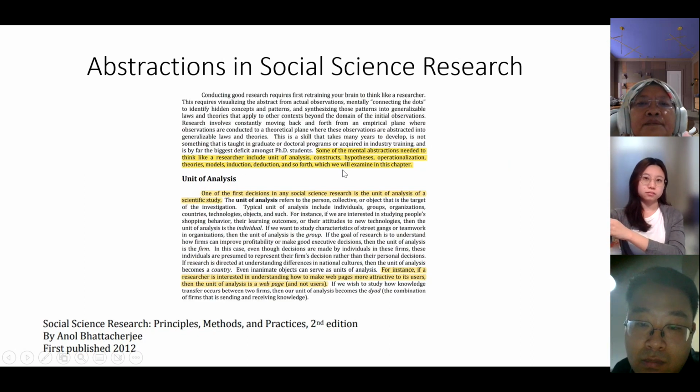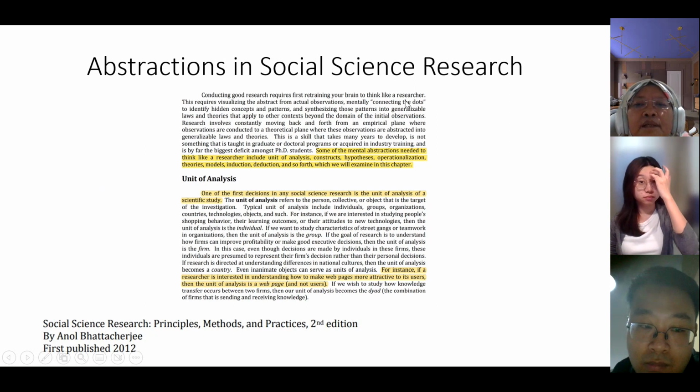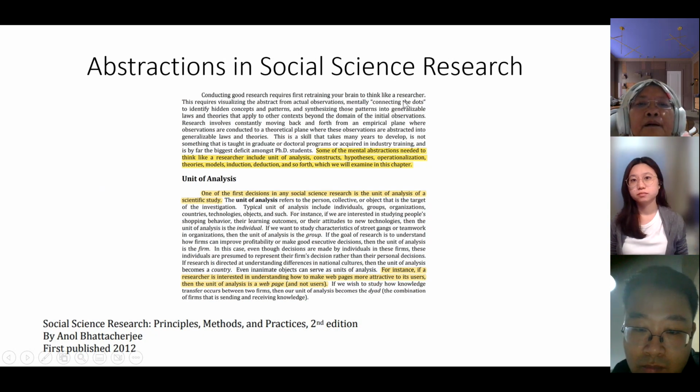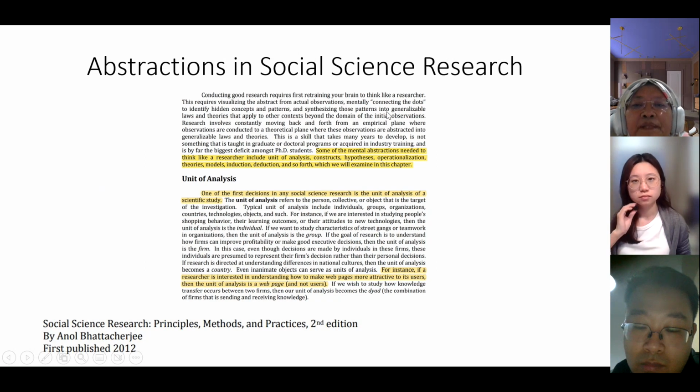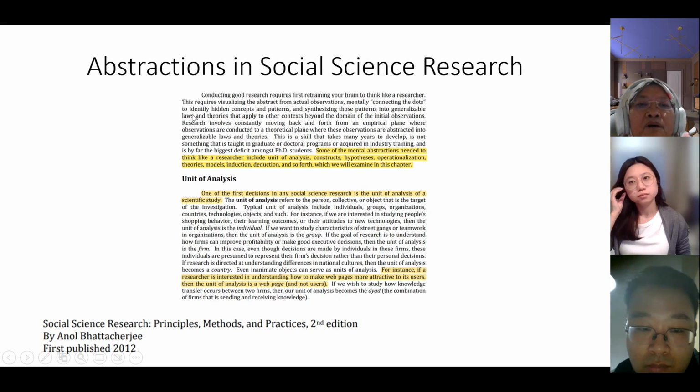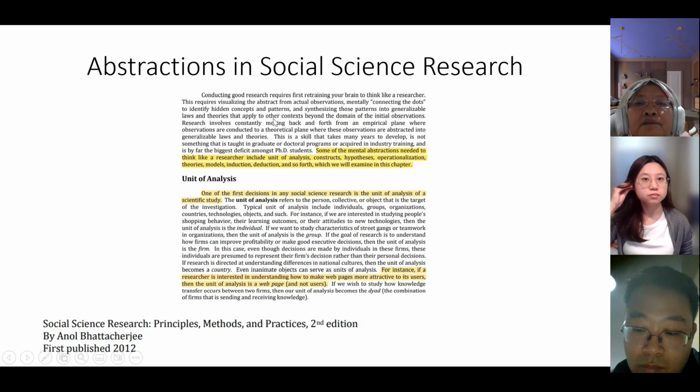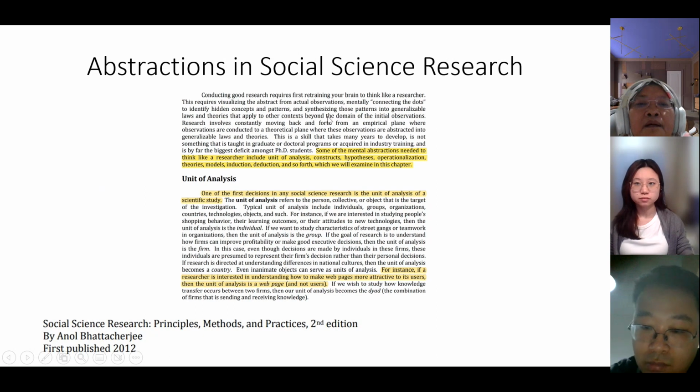Abstraction in social science. So conducting good research requires first retraining your brain to think like a researcher. This requires visualizing the abstract from the actual observation, mentally connecting the dots to identify hidden concepts and patterns, and synthesizing those patterns into generalizable laws and theories that apply to other contexts beyond the domain of the initial observation.